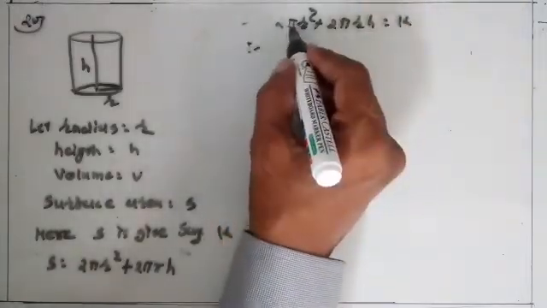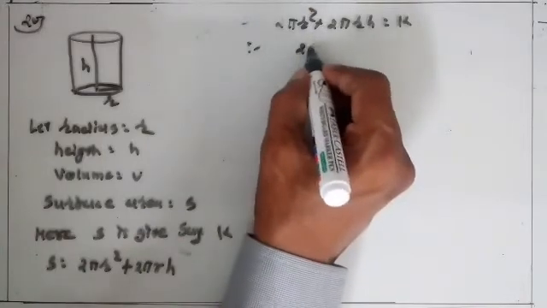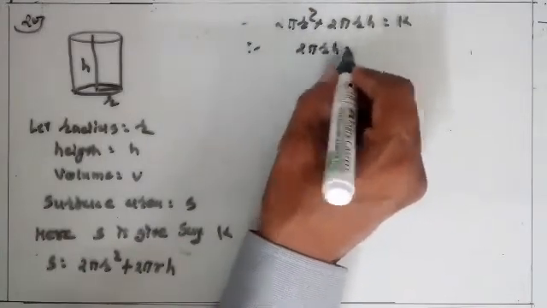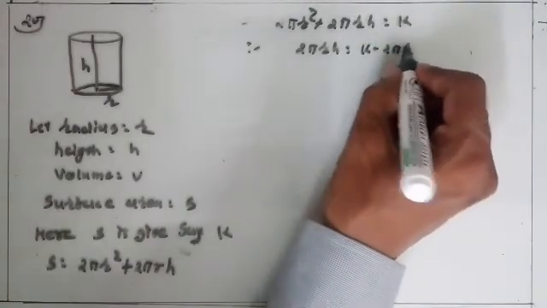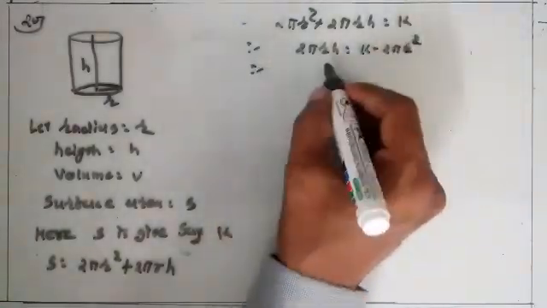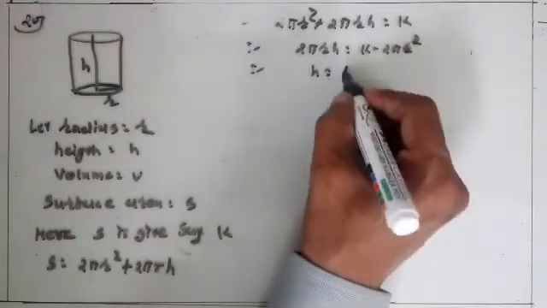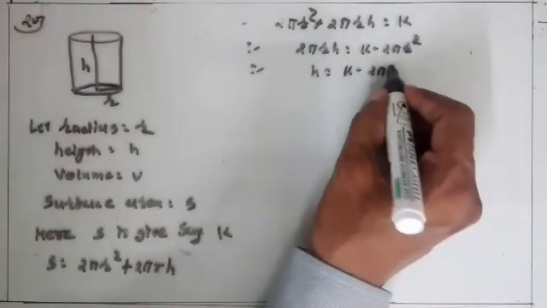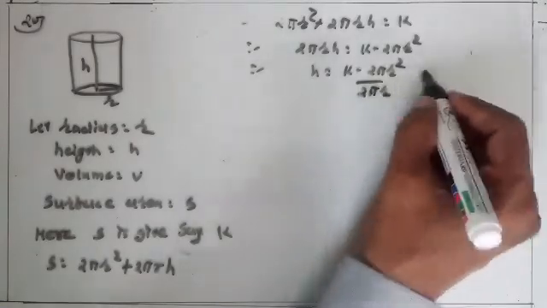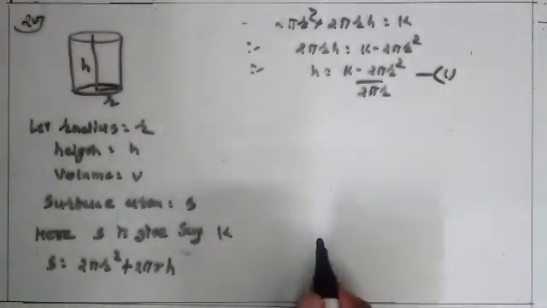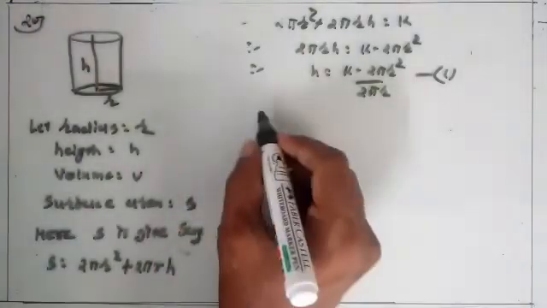Therefore 2 pi r square take this side. So 2 pi r h is equal to k minus 2 pi r square. Therefore h is equal to k minus 2 pi r square upon 2 pi r. Take this as result number 1.